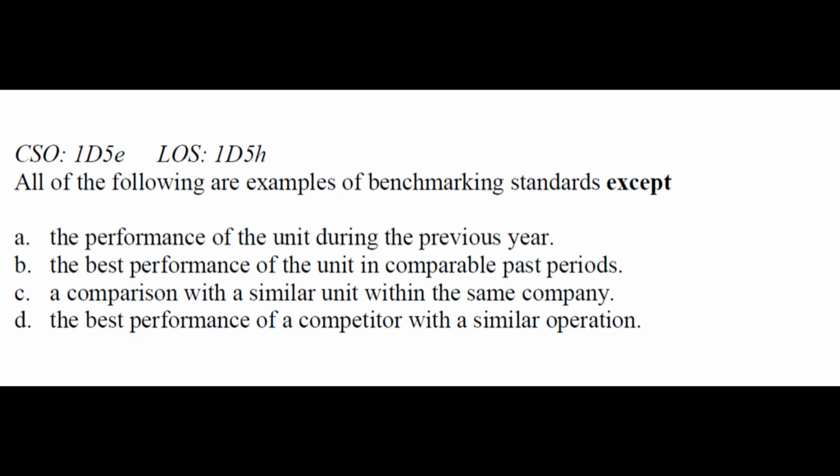This can be used as an internal benchmark if it reflects best past performance, not just average or routine history. C. A comparison with a similar unit within the same company. Incorrect. This is internal benchmarking, a valid benchmarking method. D. The best performance of a competitor with a similar operation. Incorrect. This is competitive benchmarking, a key external benchmarking standard.